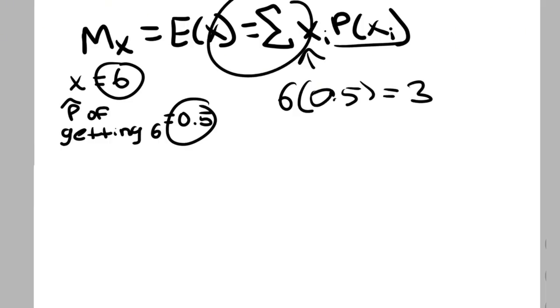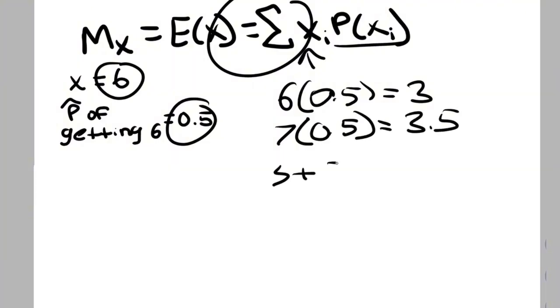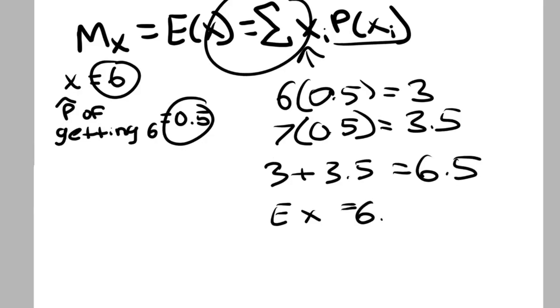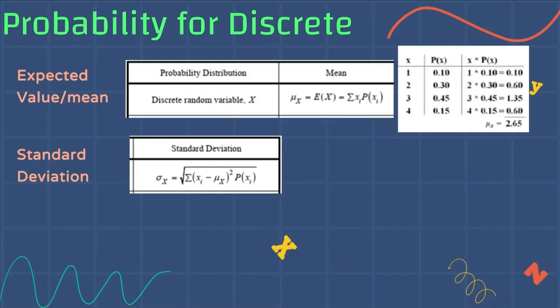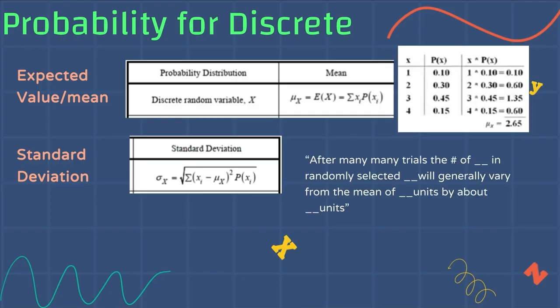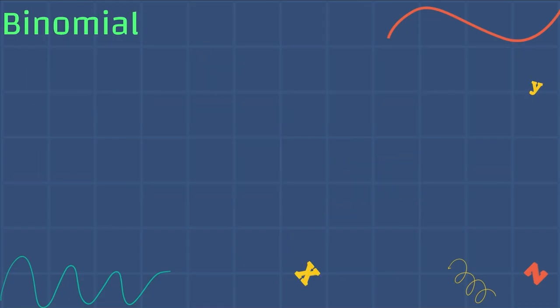And then for the sum, if the next value is also that, it would be 3.5, and they just add them. Also, standard deviation is also given on the reference table. And this is how you would format it, after the same format we always use to describe standard deviation.